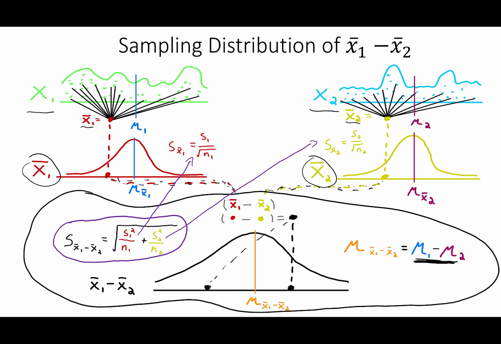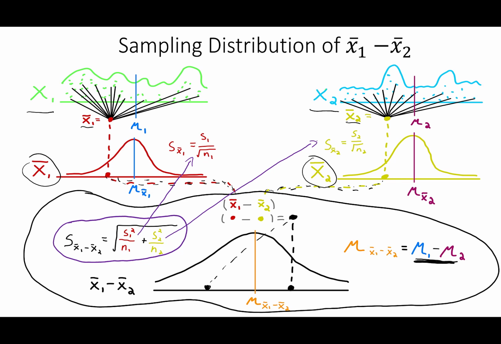It's essentially adding your two spreads together, the spread of your first group plus the spread of your second group. Now that you're combining those two groups by looking at the difference between your two means, you have to worry about the variability associated with your first sample mean and your second sample mean. So this formula right here will be our new standard deviation or standard error.